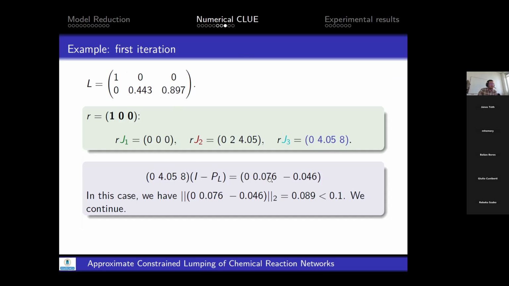And we see we get 0, 0.076, and minus 0.046. Okay, we compute the norm of this vector and we get 0.089, which is smaller than the error that we allowed in this run. So we don't add this vector because it's smaller than the distance that we allow, and we continue, no problem.